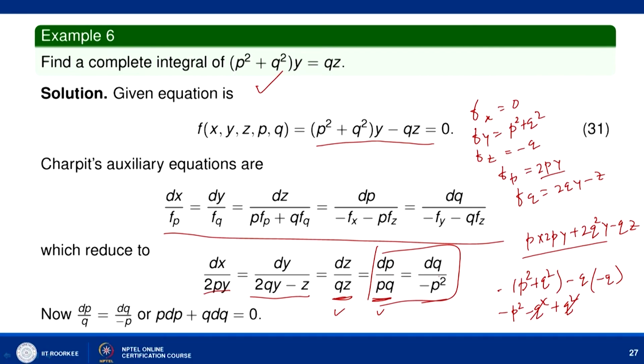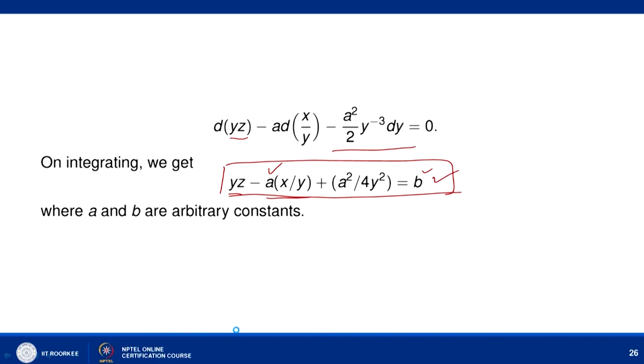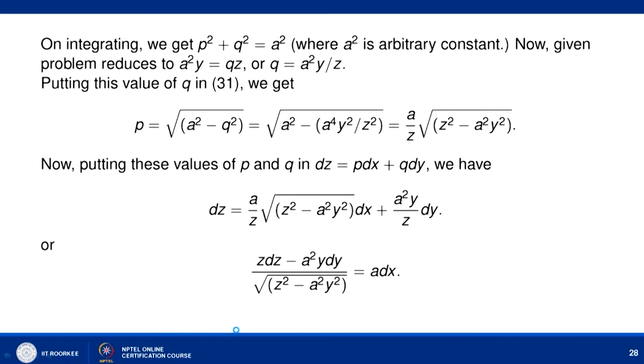When you simplify, it is dp/q equals dq/(−p), we simply cancel out this p, and when you simplify again it is p dp + q dq = 0. When you integrate, it is simply d of (p² + q²)/2. So here we have p² + q² = a², where a² is some arbitrary constant.